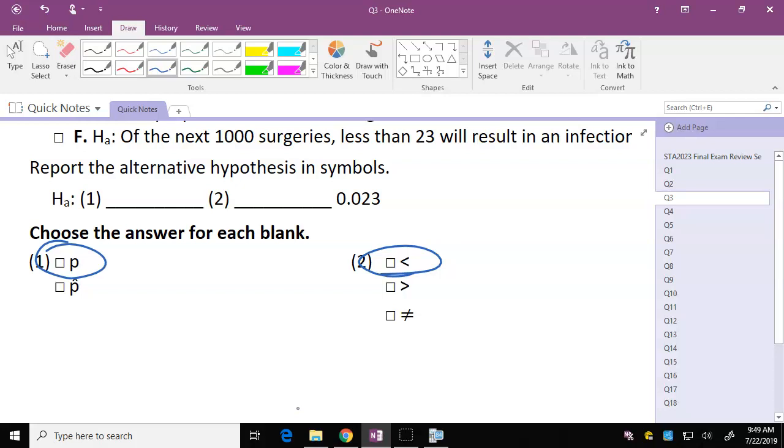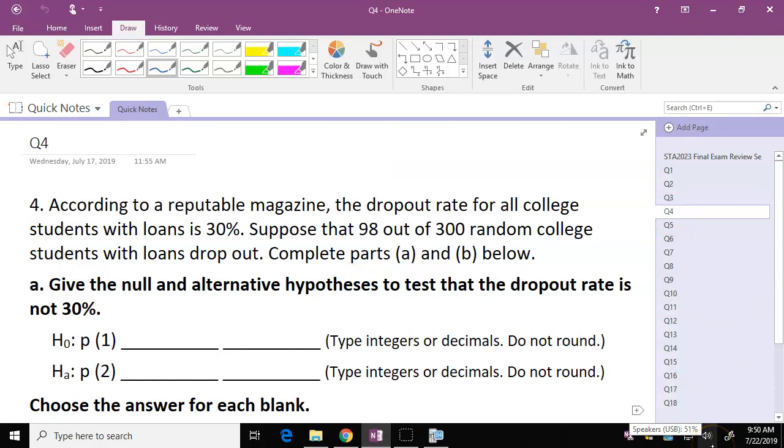You see the words greater than, increasing, more than, then we want to look at the greater than. If you don't see any of those words and it just says, are they different or is there a change, that's your kind of not equal. Okay? So be on the lookout for those words that help you out with those symbols, because that hypothesis is super important for us.